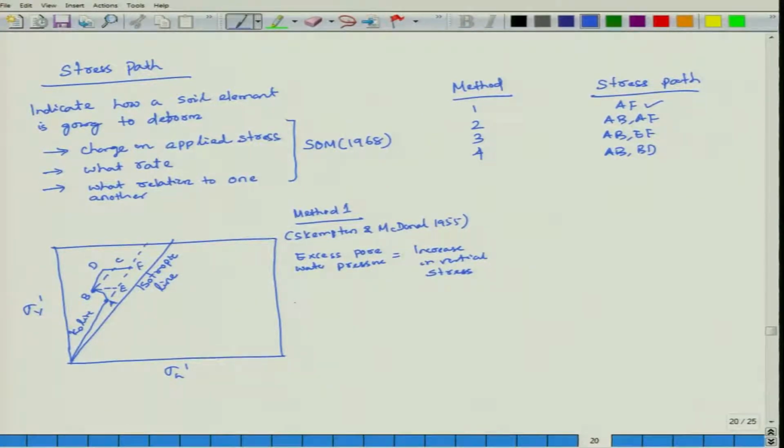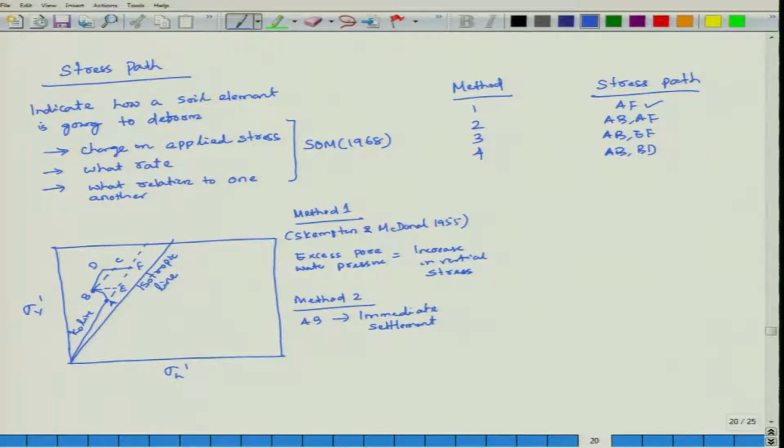Then method 2, particularly this is undrained loading. So, in method 2, AB is immediate settlement. Excess pore water pressure, which is a function of stress, is equal to vertical stress.